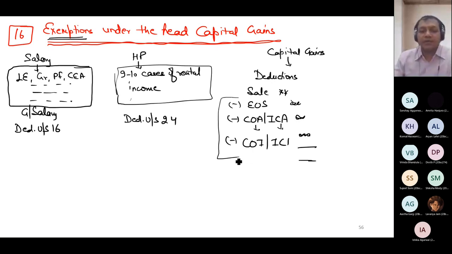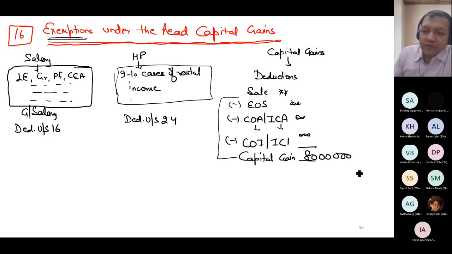Deductions. And after doing this calculation, sale less expense on sale, less cost, I get some capital gain. Suppose 80 lakh is my capital gain. Now the topic which I'll discuss will start from here. So now I am using the word exemptions.